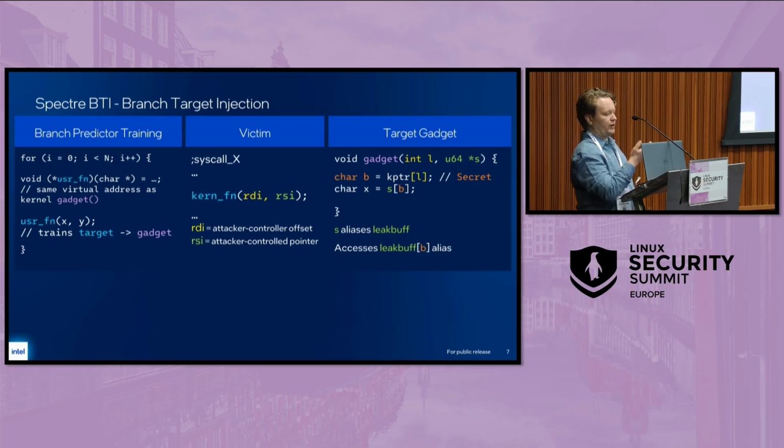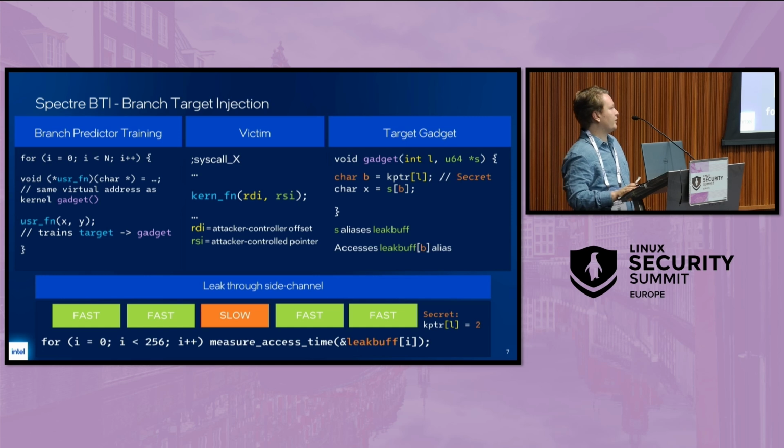This value is then stored in some register, for example, and later there's a dependent access dependent on the secret, which somehow aliases one of the buffers that the attacker controls. So basically what this does is leave a detectable microarchitectural trace, in this case in the cache.